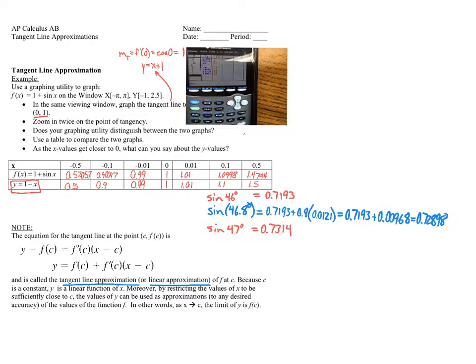Now, if I just punch into my calculator sine of 46.8, I actually get 0.7289686.